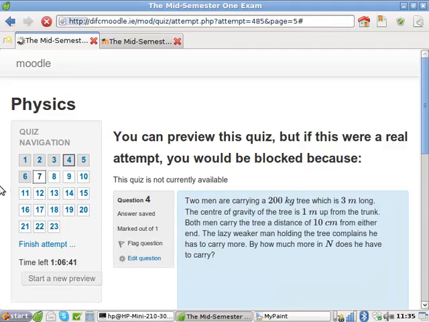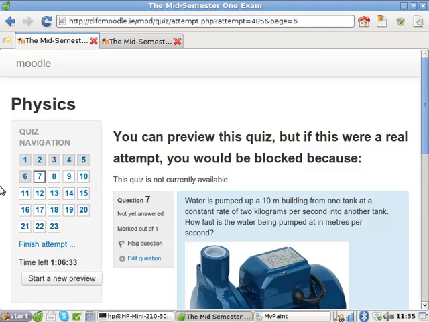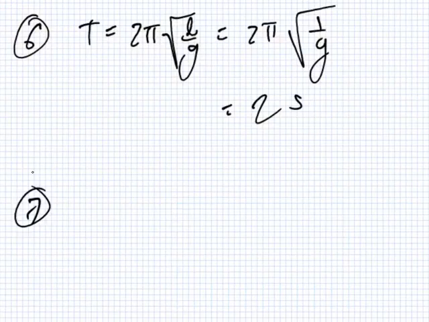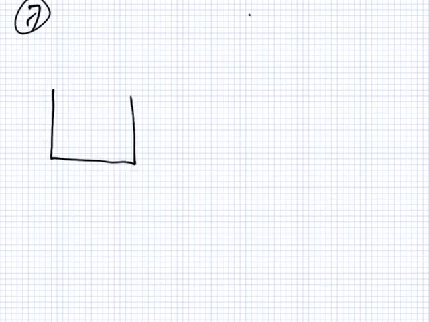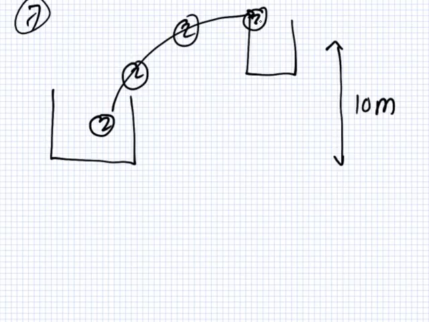Right, 7 now. Water's pumped up a 10 meter building, 2 kilograms per second. How fast is the water being pumped? Okay. So this one here, you have a tank of water here and a tank of water here, and it's being pumped up a height of 10 meters, and every second 2 kilograms of water gets pumped up, or put into the pump.